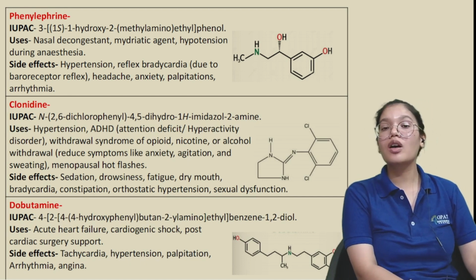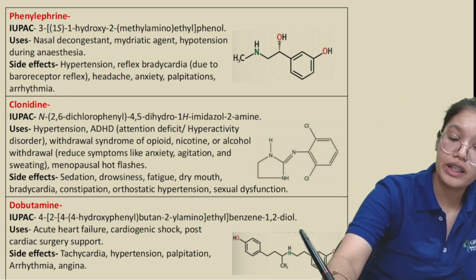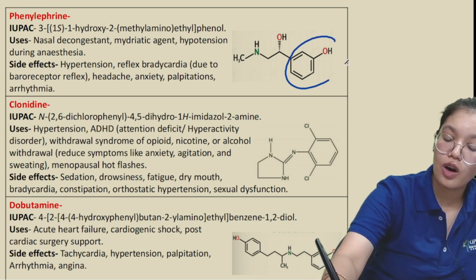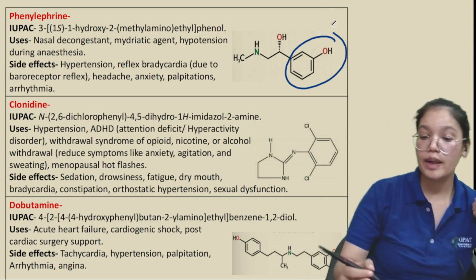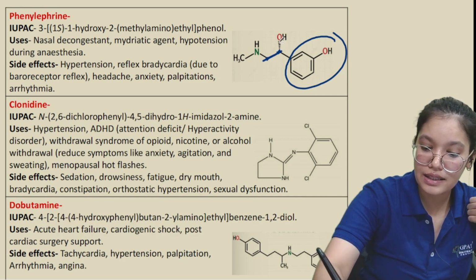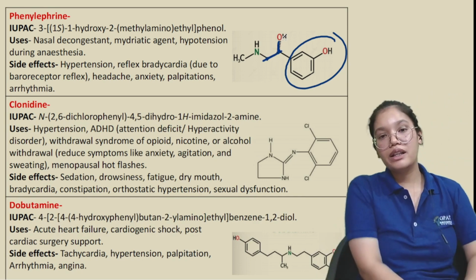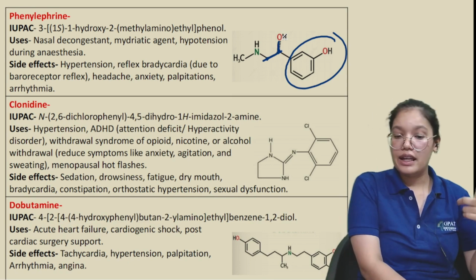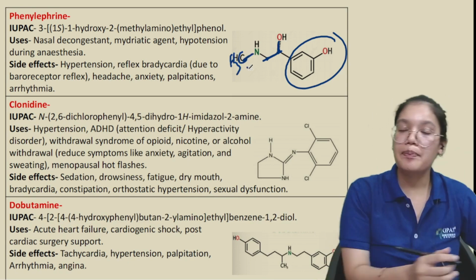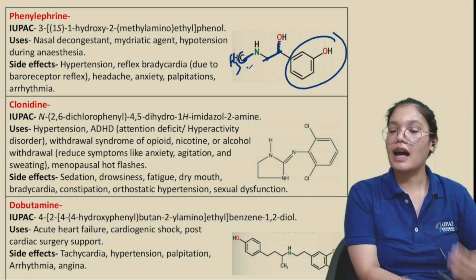So if we talk about its structure, it has a phenol ring in this structure. Then we have an ethyl bridge that has an OH at the beta position and NH plus CH3 here, like epinephrine. So this is phenylephrine.